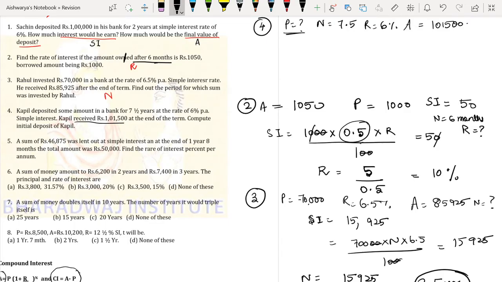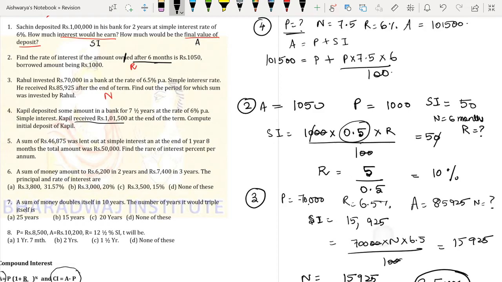Compute the initial deposit, so principal is missing. So we have to start with the formula. A is equal to P plus SI. A is 1,01,500. This is equal to principal plus principal, we don't know, SI. SI formula is P into N is 7.5 into R. R is 6 divided by 100.